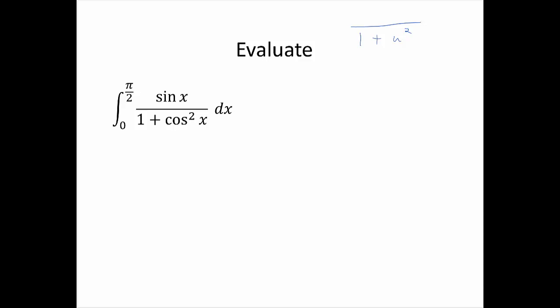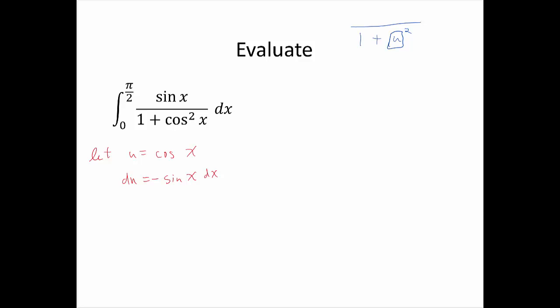So I'm thinking, when I integrate this, I'm going to get a tangent inverse. And it looks like if I were to make this substitution, I would let u equal cosine x. If I let u equal cosine x, then du is negative sine x dx.